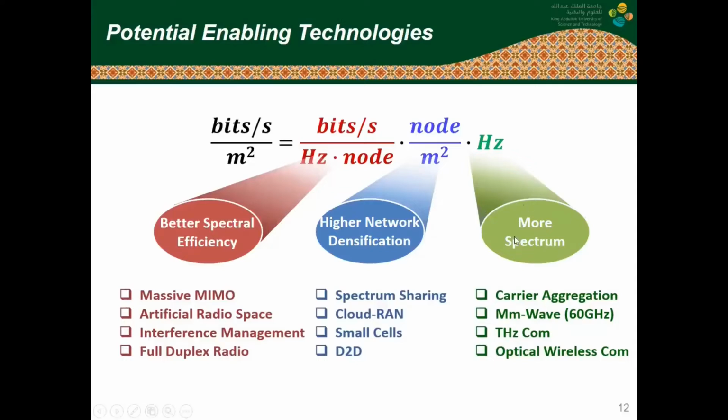And then there is the third direction, which is to go for just more spectrum, either by aggregating spectrum in the lower part of the spectrum, or going towards the extreme upper bandwidth, like millimeter wave, terahertz, and at the end, one can hit the optical part of the spectrum and start using it to advocate for optical wireless communication, which is, again, the main topic of this tutorial.